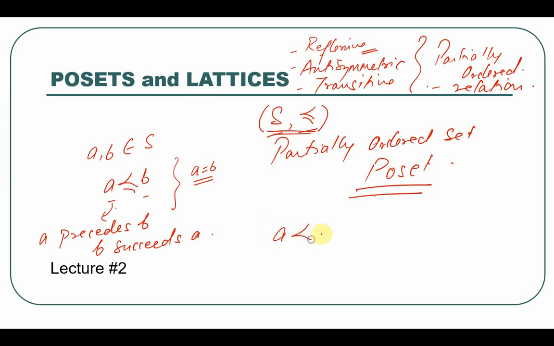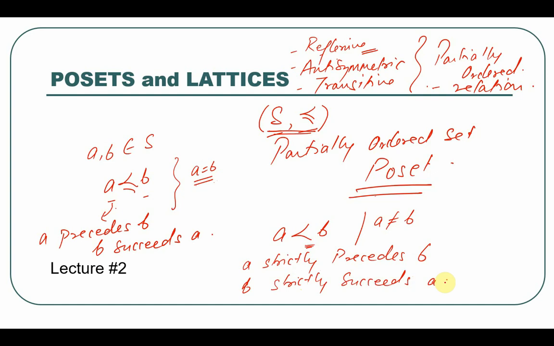There is another point. We can write A strictly related to B. This is the case when we say that A is related to B, but A cannot be equal to B. Here we say that A strictly precedes B, or B strictly succeeds A. If I am writing A is related to B, not strictly but related to B, normally A is also called the ancestor of B, and B may also be called the successor of A, right?